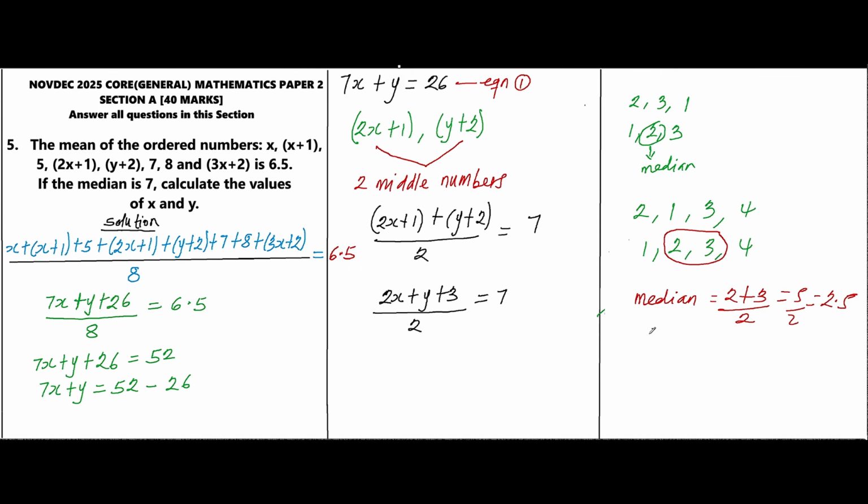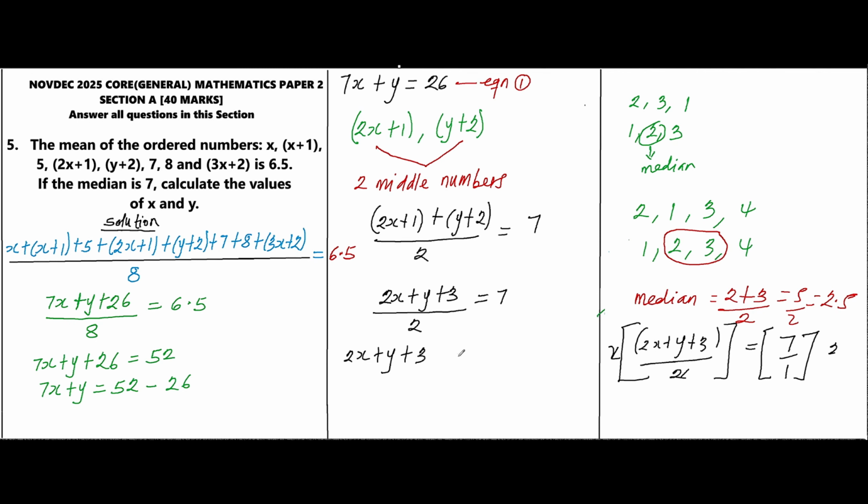When you multiply each side by 2, here we have 7 on 1. So when you multiply here by 2, you multiply here by 2. These two will cancel out, leaving 2x plus y plus 3 on the left.